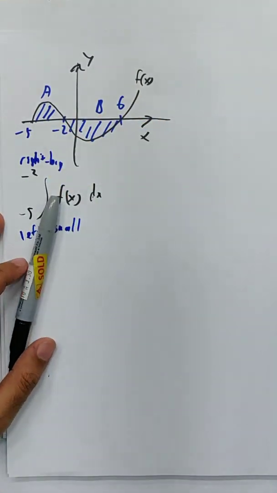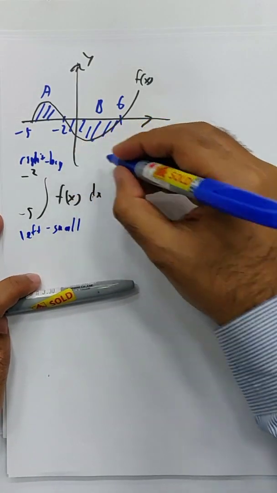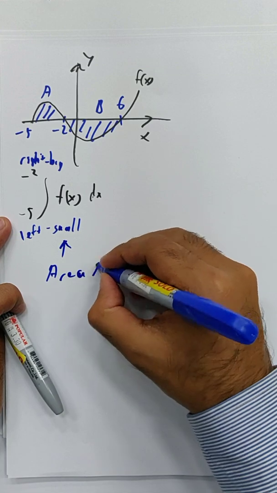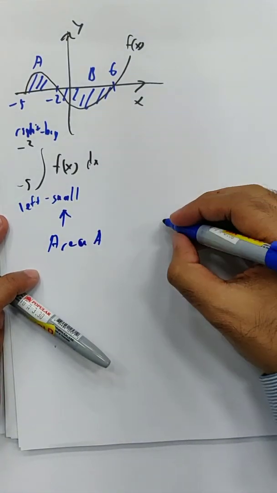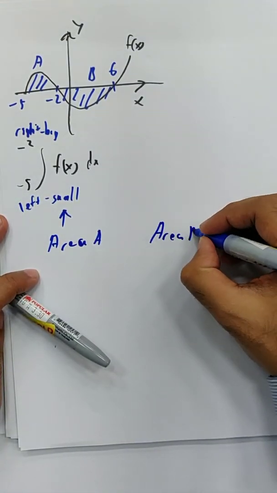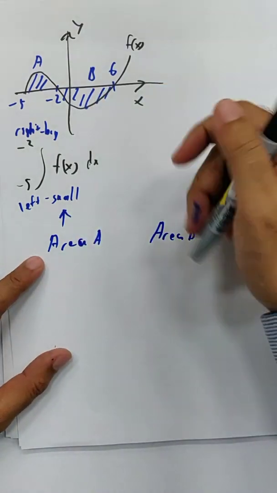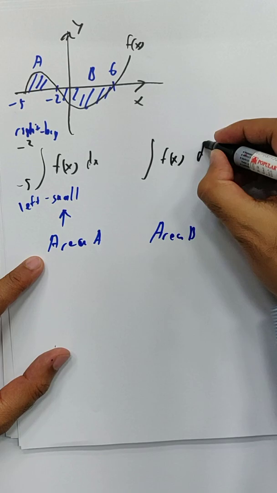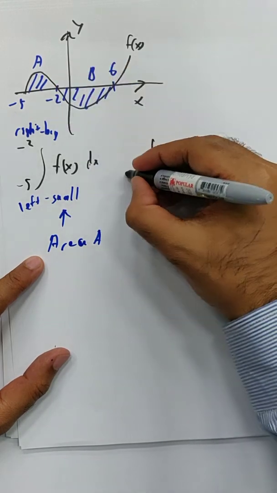Well, what about for this one here, area B? This is for area A. What about area B? So you do fx dx, -2 until 6.